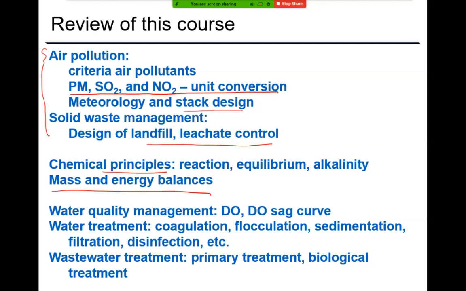In terms of water quality, we discussed the DO, the dissolved oxygen, right? The DO sag curve. For water treatment, there are a lot of terminologies: coagulation, flocculation, sedimentation, filtration, disinfection. Right? The wastewater treatment, we have the primary and biological treatment. Okay, so this is the overall contents of this course.